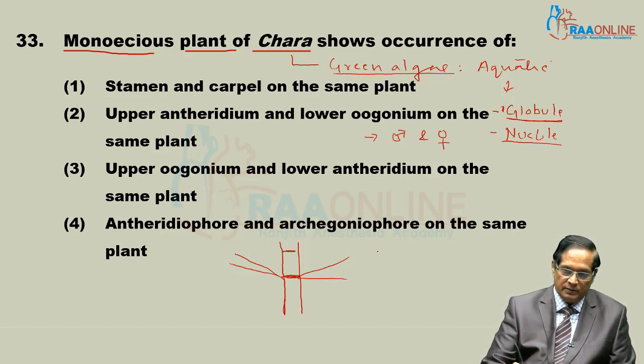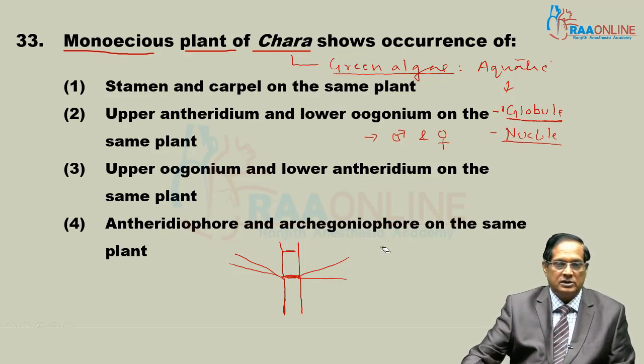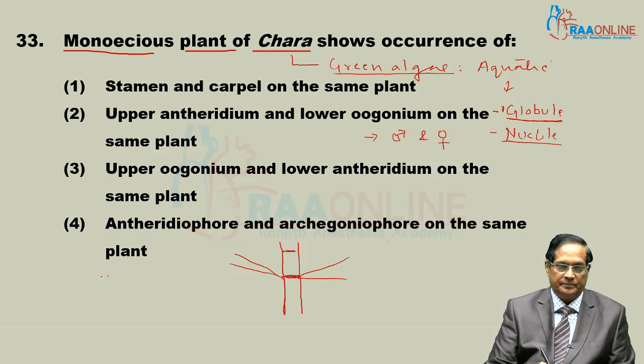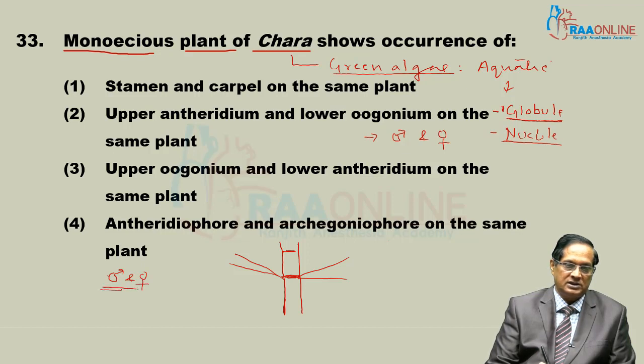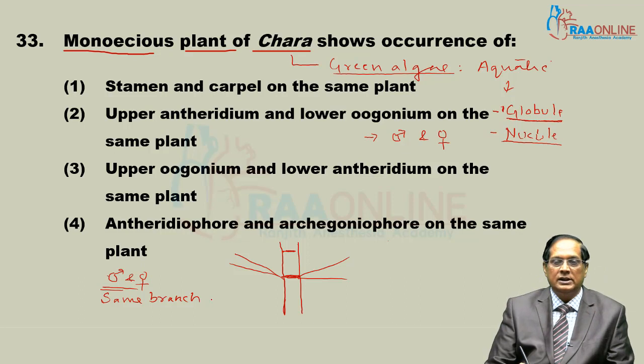Then come to one particular branch in Chara. In Chara, the male and female reproductive structures are on the same plant and the same branch, and that is a lateral branch.